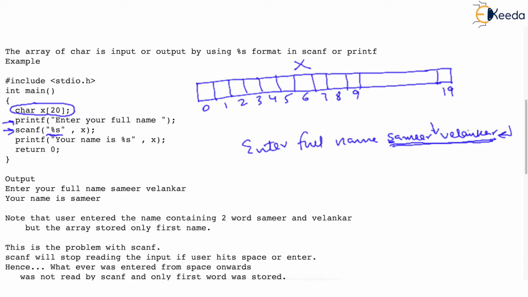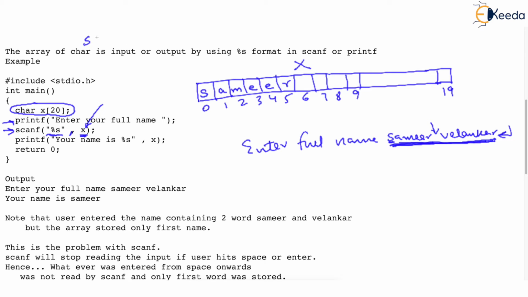And whatever string we input, where should it be stored? It should be stored in X. X is the array, so the second argument given after the comma is X. The input will be stored sequentially, letter by letter, in this X array.